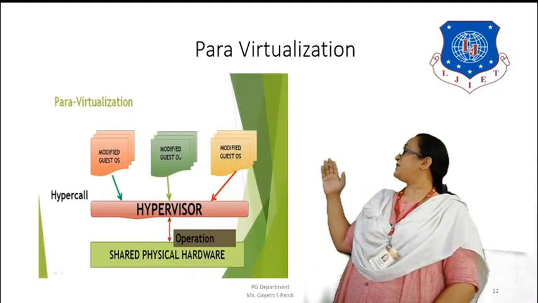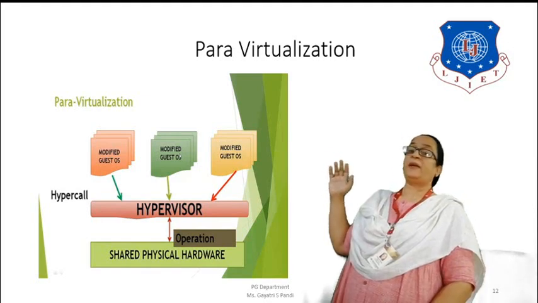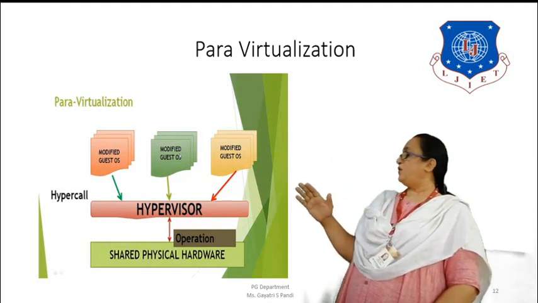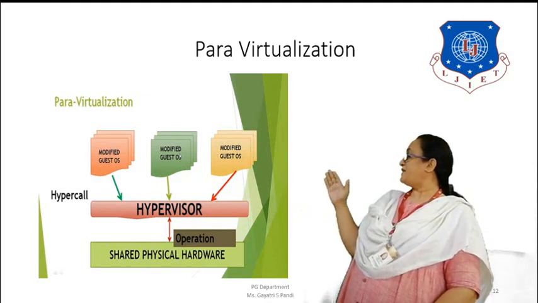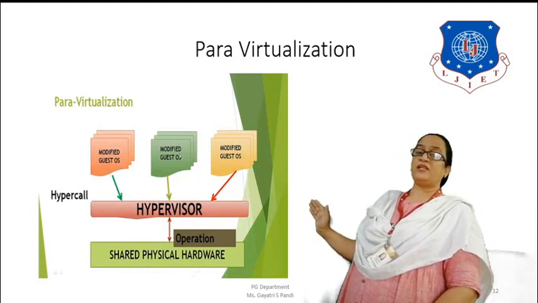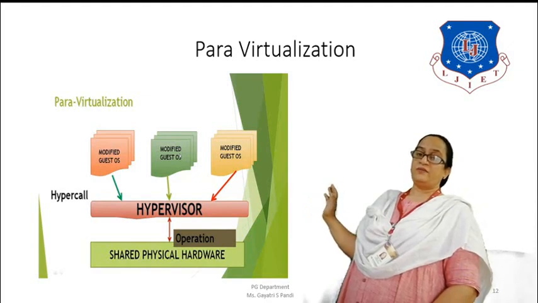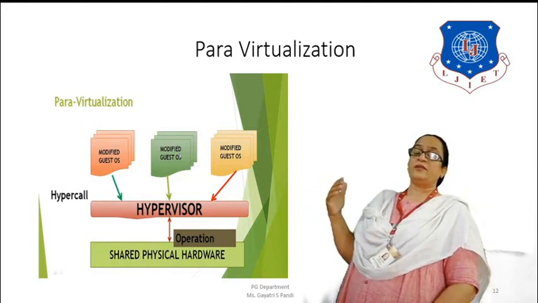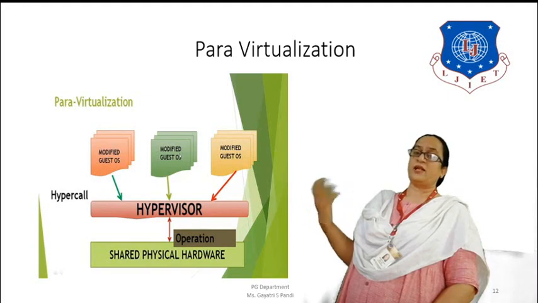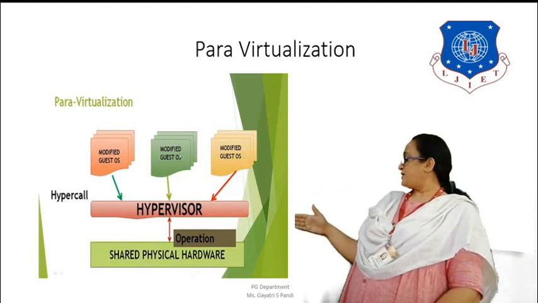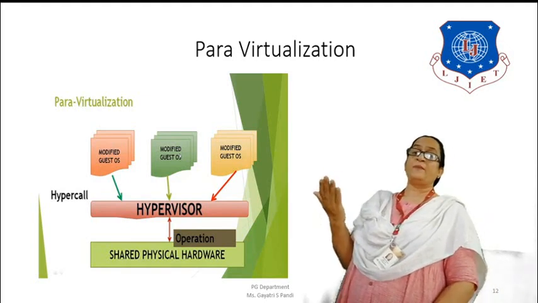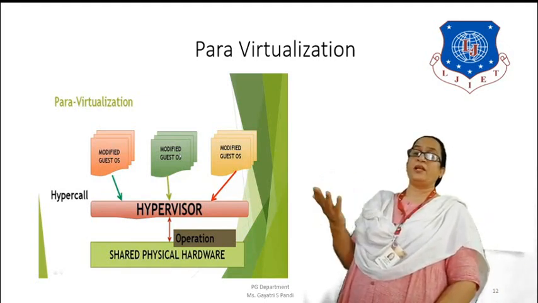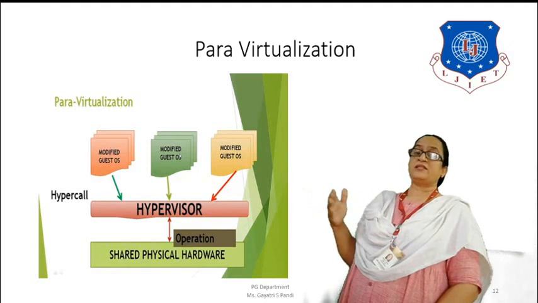Now here you can see a picture depicting para-virtualization. On the lower side you have the physical hardware, and the hypervisor is interacting with the shared physical hardware. We are discussing types of virtualization, that is hardware. This shared physical infrastructure, which we saw in the previous diagram, had the CPU, the memory, the NIC card and various other devices.